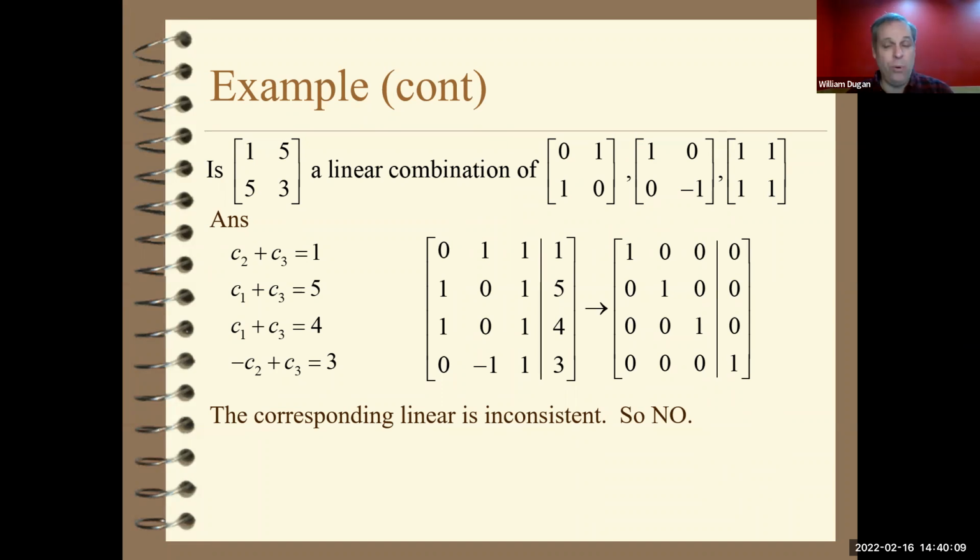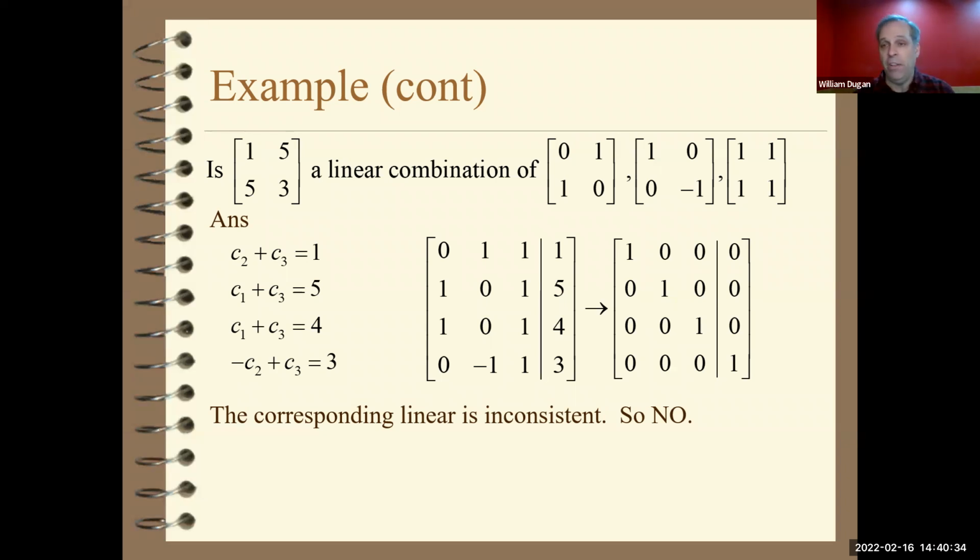I notice that there is a leading entry in the last column. Anytime there's a leading entry in the last column, that system is inconsistent. The very last row there says 0 equals 1. That's clearly not true. So there can't be a C1, C2, and C3 that makes all 4 equations true. Otherwise, the last equation, 0 equals 1, would be true, which it's not.